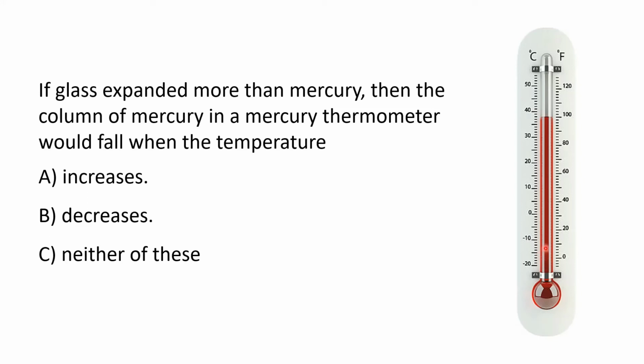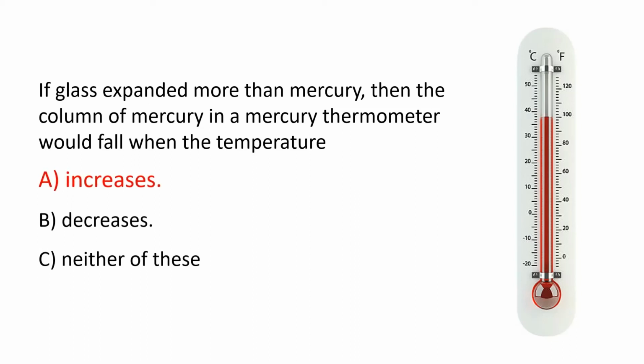The thermal expansion of the liquid should be different than the thermal expansion of the glass. If they weren't different, then changes in temperature wouldn't register on this. Okay, so let's just assume this was mercury for this question. And they ask, if glass expanded more than mercury, then the column of mercury in a mercury thermometer would fall when the temperature increases, which wouldn't make sense because that would show that the temperature went down when it actually went up.